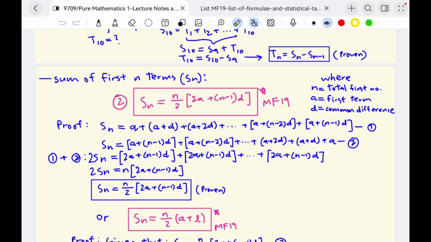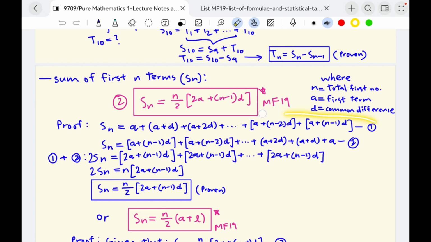Okay, so here's the proof. Sn can be a plus a plus difference, a plus twice the difference, dot dot dot, until you get the last term. Conversely, Sn can also be the reverse, the sum from the last term until the first term.